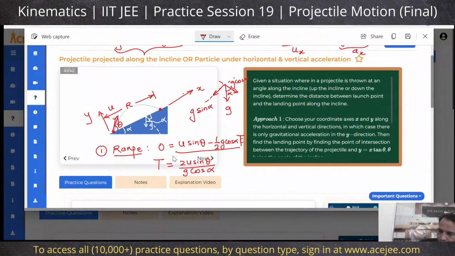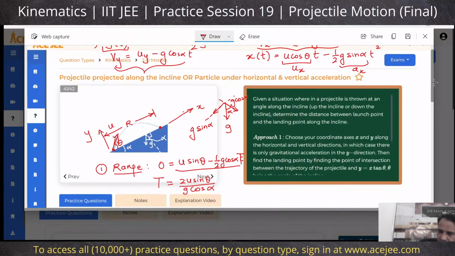Once we know the time of flight, we can put that back into our equation B, which is x t equals u cos theta t minus half g sine alpha t square.